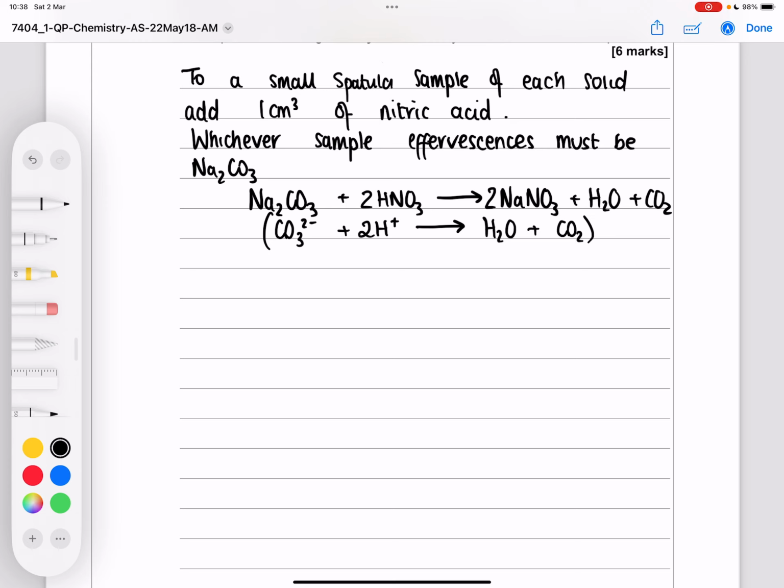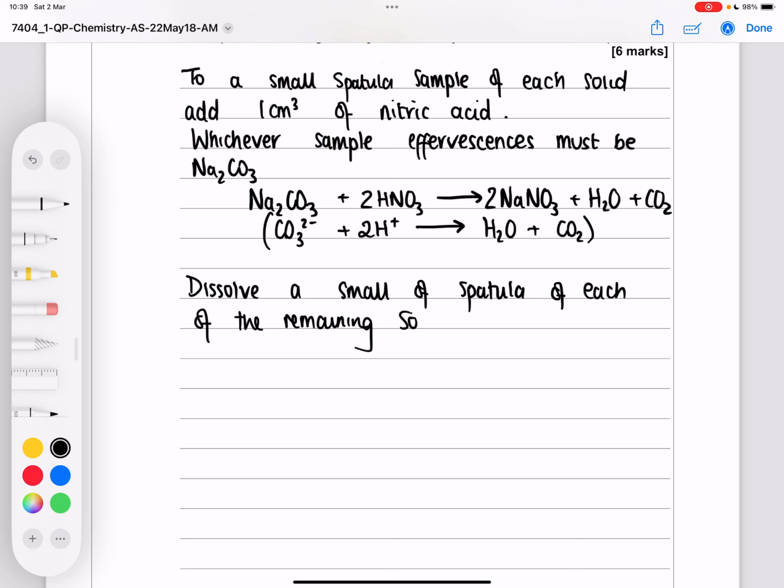So the first thing we need to do is dissolve a small spatula of each of the remaining solids in deionized water.